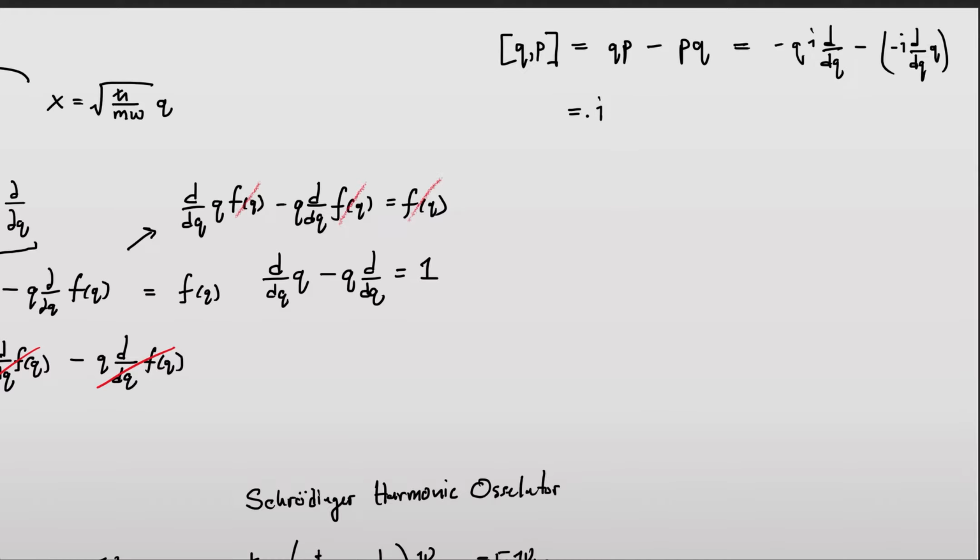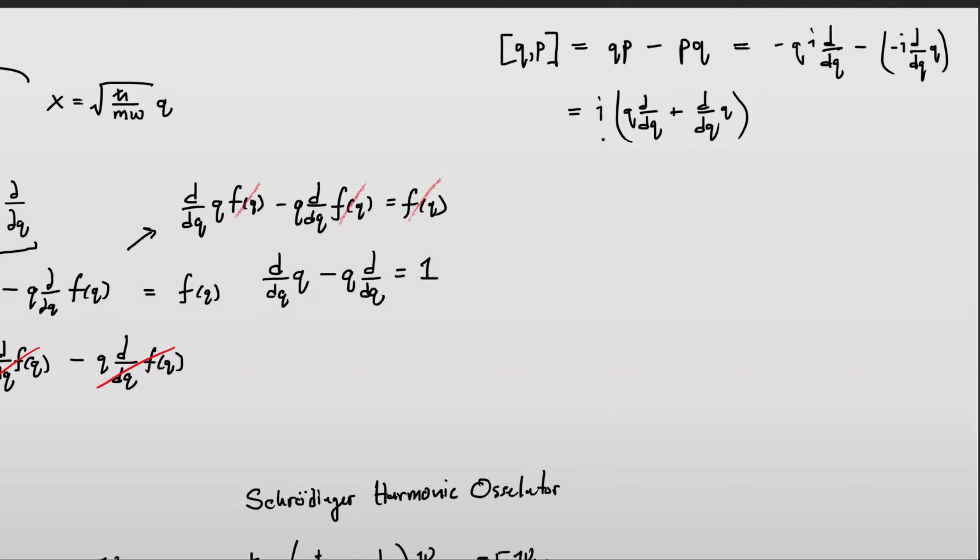If we take a negative I out of this, this is going to be Q d/dQ, and then minus, actually I think I'm going to take that minus out. If we take the minus out, this is going to be a plus, and then we're going to have d/dQ Q, right?